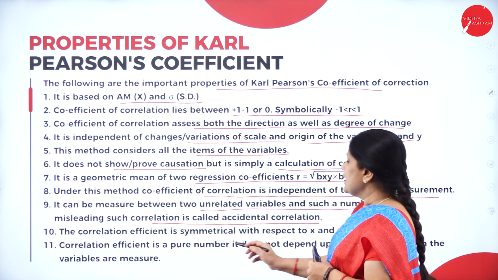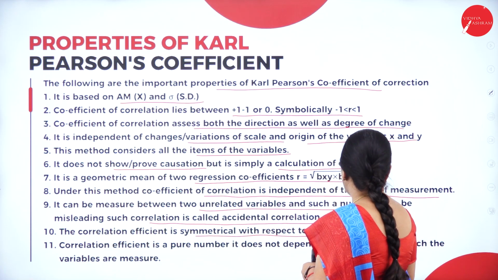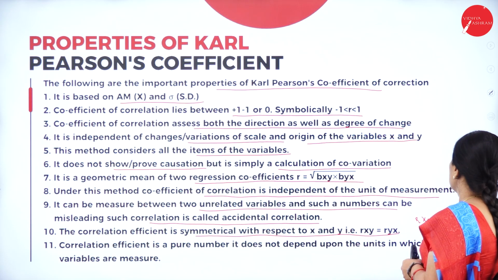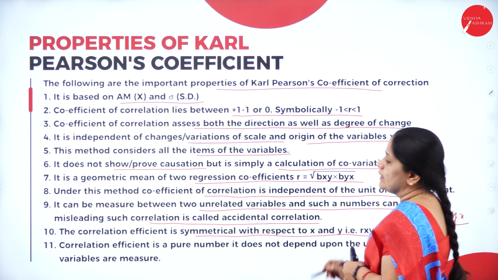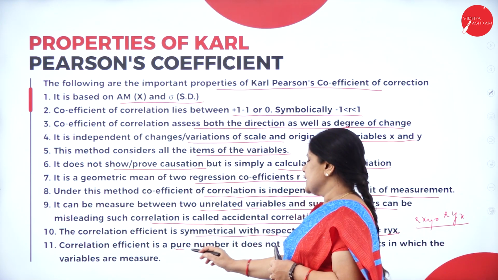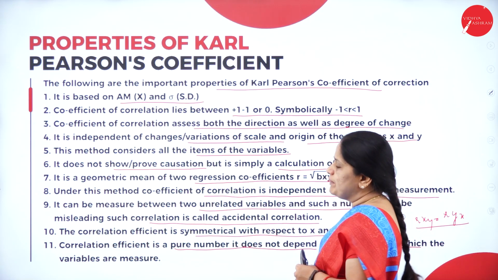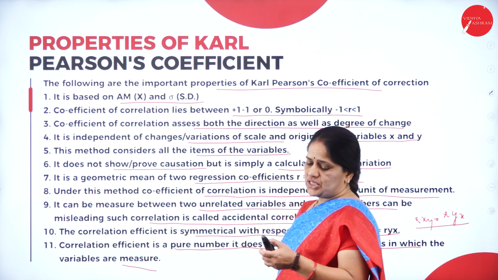Then the correlation coefficient is symmetrical with respect to x and y. So whether it is r into xy or r into yx, both are the same. Then coefficient of correlation is a pure number. It does not depend upon the units of the variables which are measured.